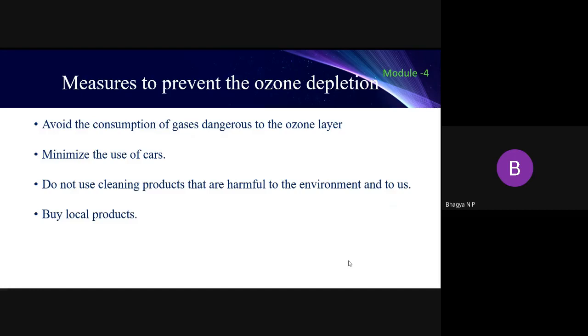Keeping something in packing for a long time is also hazardous to the environment, and that sometimes releases gases to the atmosphere. So in that way, we can prevent ozone layer depletion.